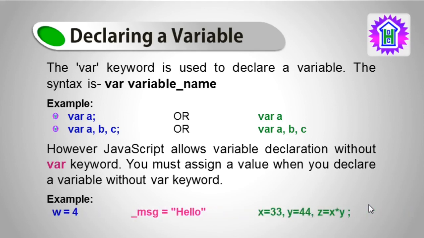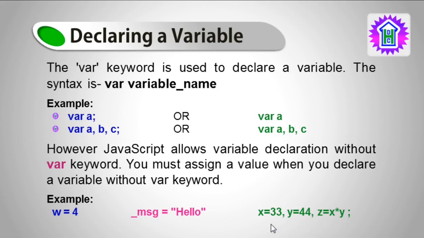We are writing w equals 4, so it is a variable declaration as well as assignment. So we are assigning the value 4 to w. Underscore msg is a variable where hello is assigned, and the third one is multiple declarations like x equals 33, comma y equals 44, and z equals x into y.